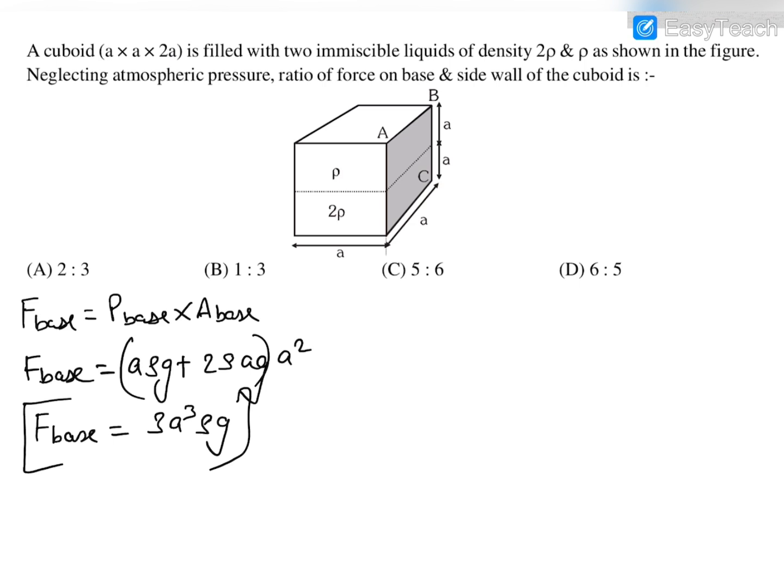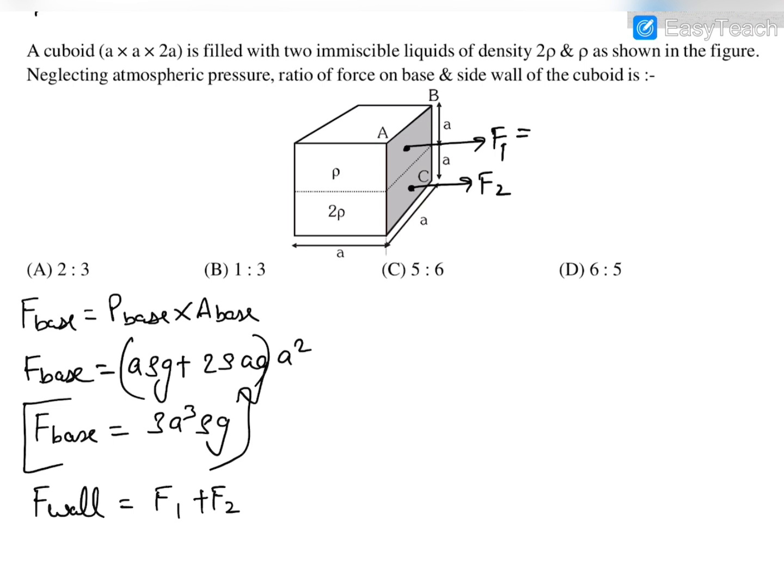Now let us find out the force acting on the walls. The force acting on the walls of the container will be the sum of force F1 and F2, where I have assumed that F1 is the total force acting on this half wall, this one, and F2 is the total force acting on this half wall.